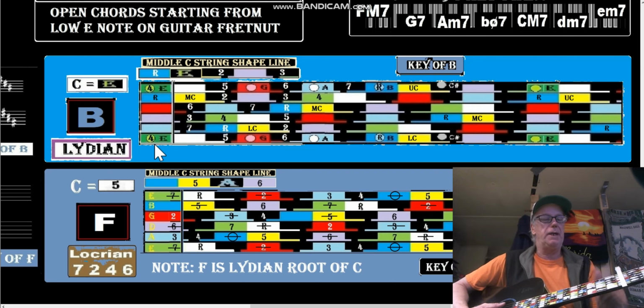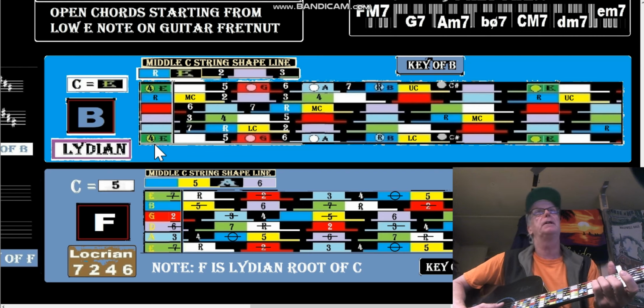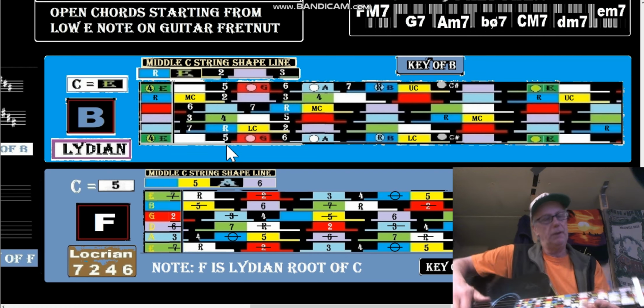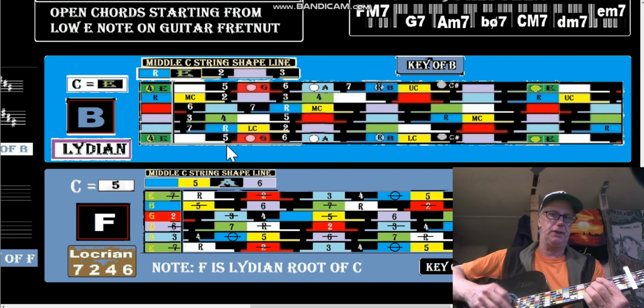Now we have the key of B for the Lydian fourth. I'm just going to play a B chord that's up here in the A shape.